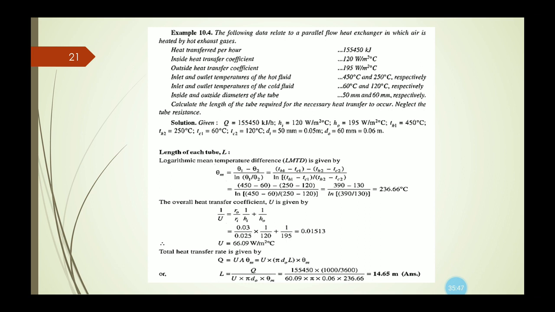The inside heat transfer coefficient is 120 watt per meter square degree centigrade, and the outside heat transfer coefficient is 195 watt per meter square degree centigrade. The inlet and outlet temperatures of the hot fluid are 450 and 250 degree centigrade respectively, and those of the cold fluid are 60 and 120 degree centigrade respectively.